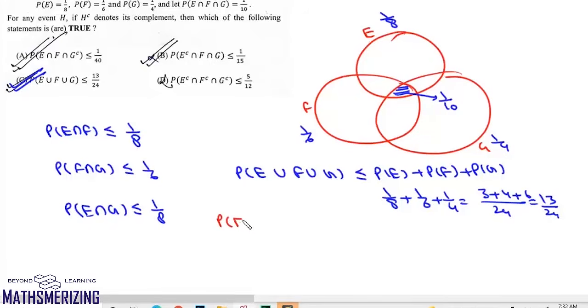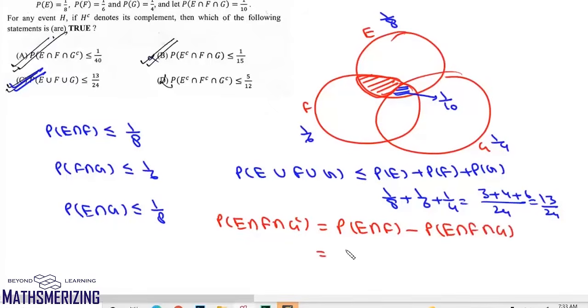Now if we look at this probability, which is probability of E intersection F intersection G naught. Now probability of E intersection F intersection G naught is actually this probability. This probability is equal to probability of E intersection F minus probability of E intersection F intersection G. Now this is probability of E intersection F minus, and this probability it is 1 by 10.